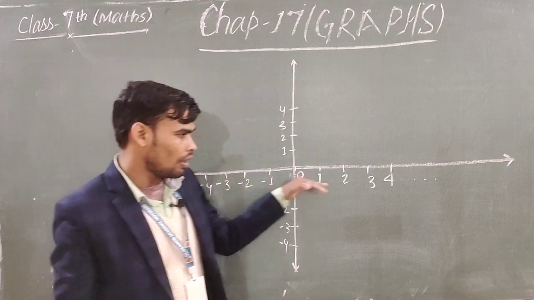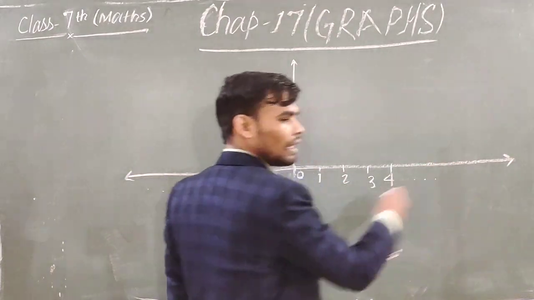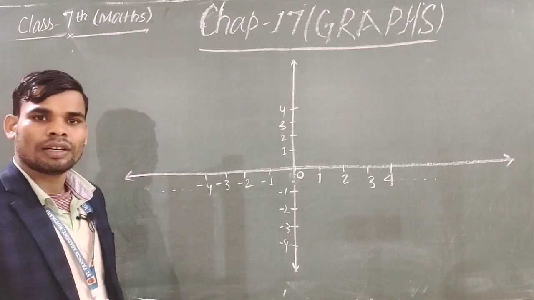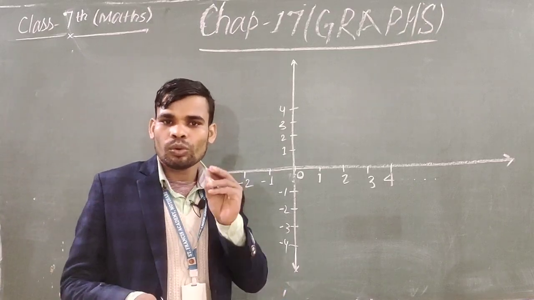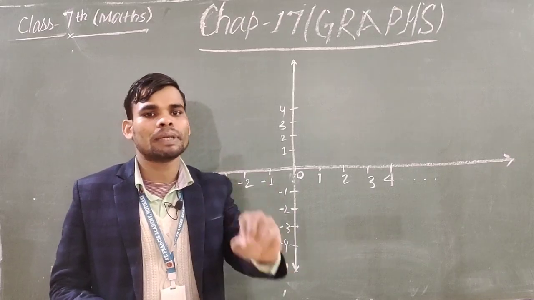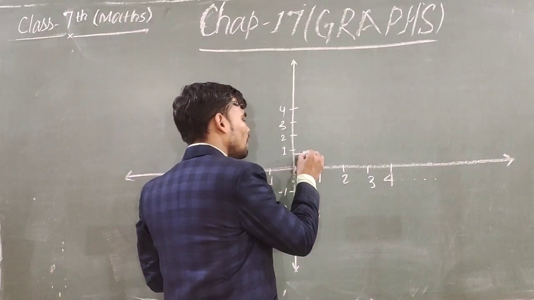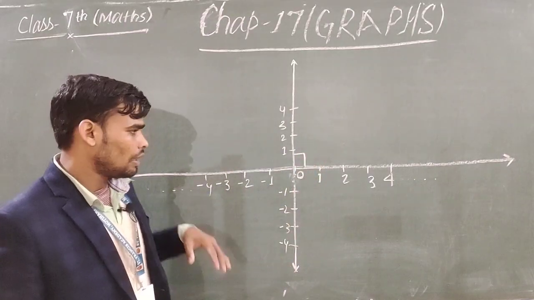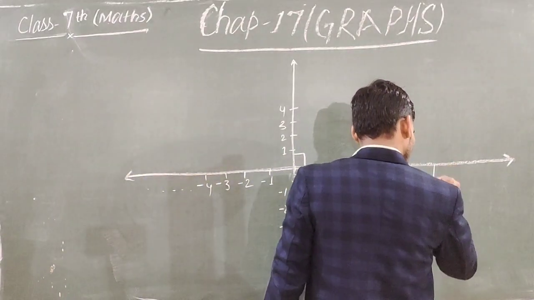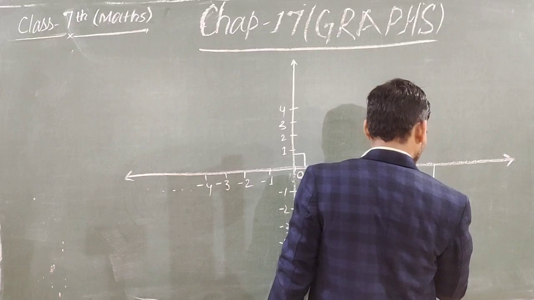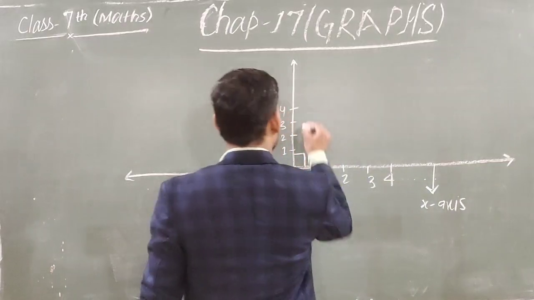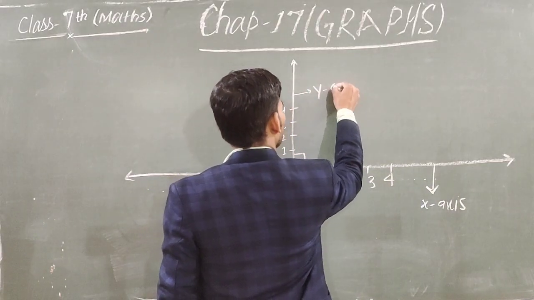Then this horizontal number line is known as x-axis and this vertical number line is known as y-axis. It means that when two number lines intersect each other perpendicularly at 90 degrees, the horizontal number line is known as x-axis and the vertical number line is y-axis.